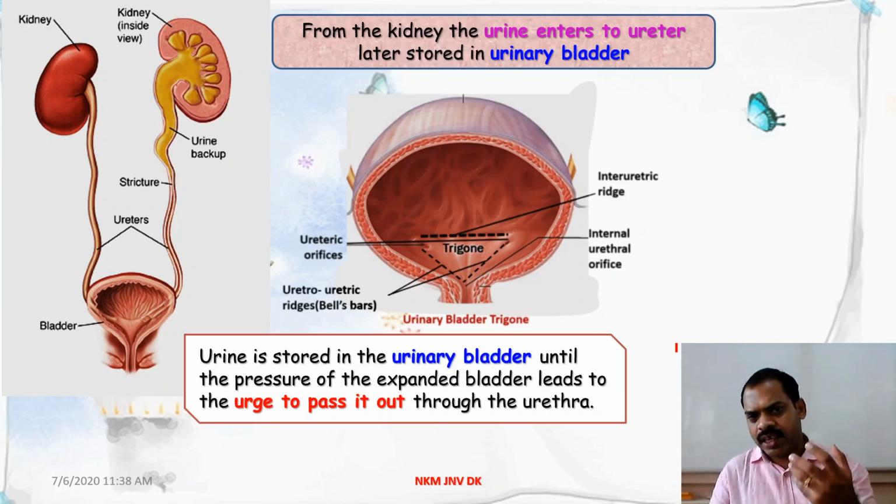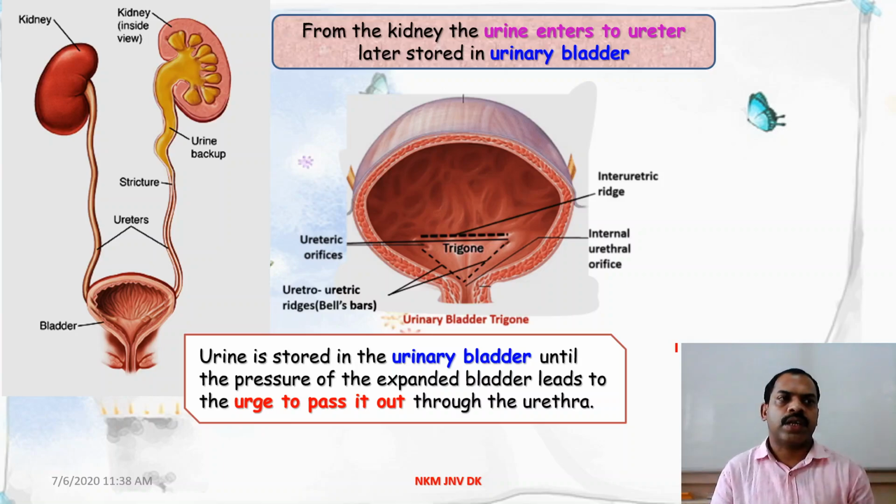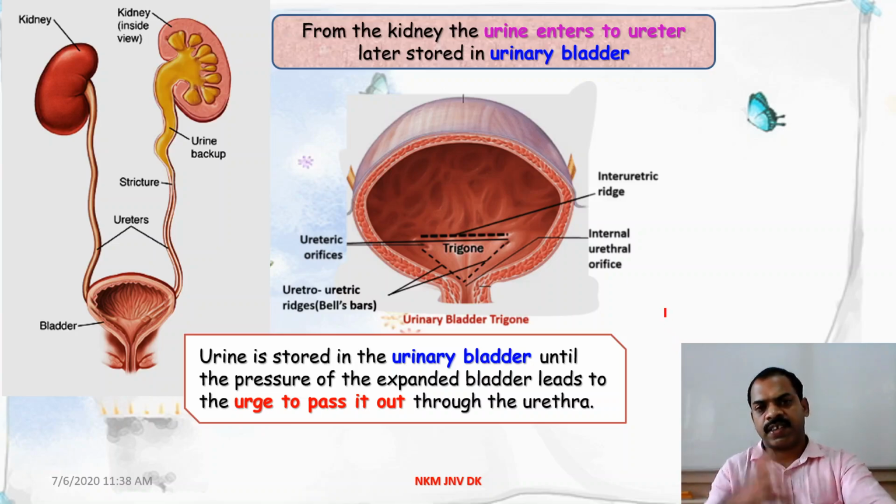If it is ready, I told you, it is passed through the urethra. This is the mechanism of urine passage. Okay, so that is about the human excretory system. The excretory system of human beings and the structure of the nephron we must learn to draw. Very important.